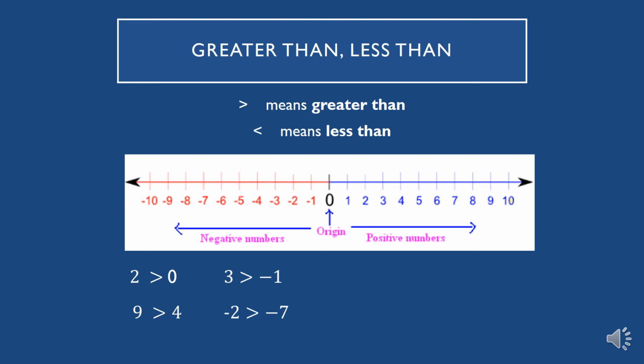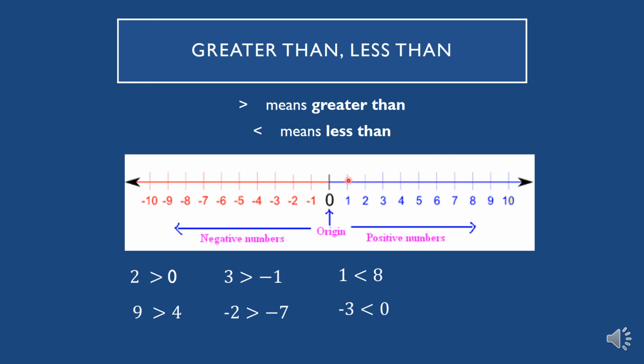Now, some negative numbers. Minus 2 is here. Minus 7 is here. Minus 2 is to the right. So minus 2 is greater than minus 7. So 1 is here, and it is to the left of 8. So we read that it's less than 8 or smaller than.